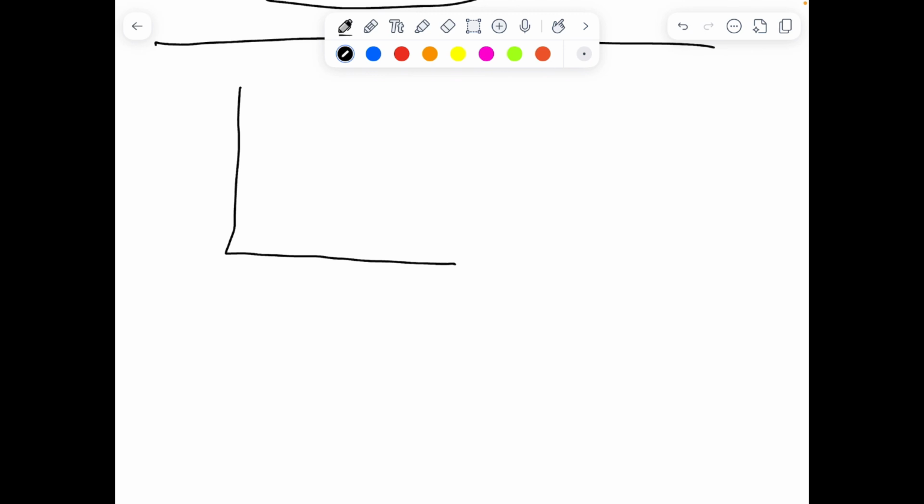Okay, so now let's discuss polar coordinates. We have this setup, and any point P is described by the distance it makes from the origin and the angle it makes from the horizontal. So that's r comma theta is the coordinate system.